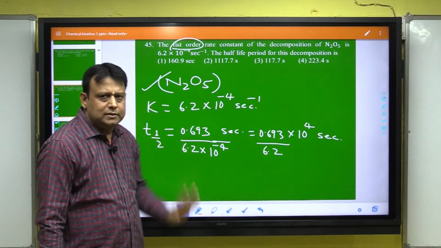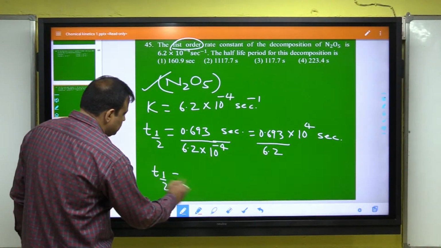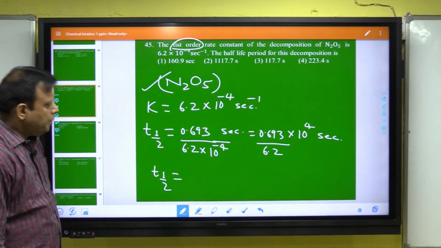Look at the board. How to reach the correct option?